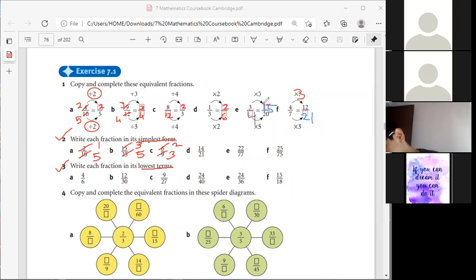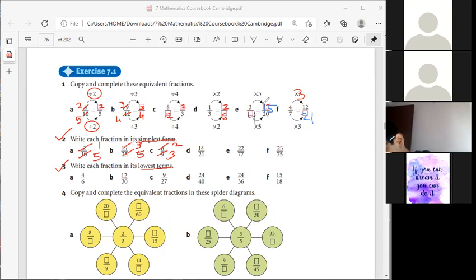Now look at the fourth question. They want us to copy and complete the equivalent fractions in this spider diagram. They have given us what they actually want. They want us to make all the fractions equivalent to 2 upon 3.